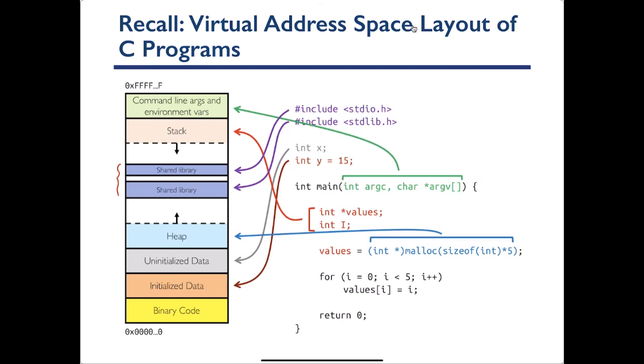So at the time where you execute the code from the shared library, the operating system finds a region in your virtual memory address space that is free, and that should be between your stack and heap because that's the free region.